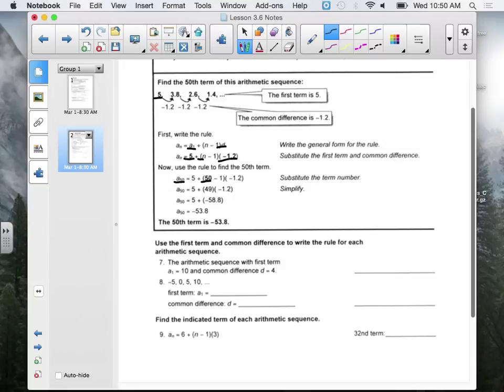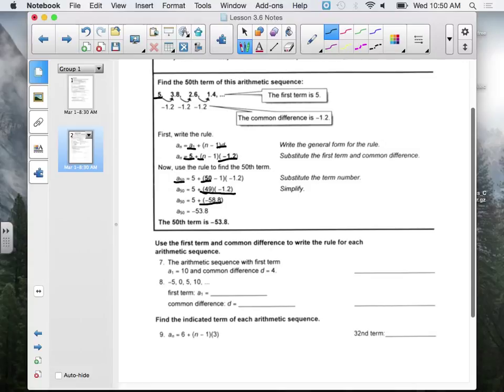So if we multiply, or first off, what's 51 minus 1? 49, get that there. Then we do what next? Multiply by negative 1.2, and what is that? Negative 58.8, so yep, that's what they got right there.